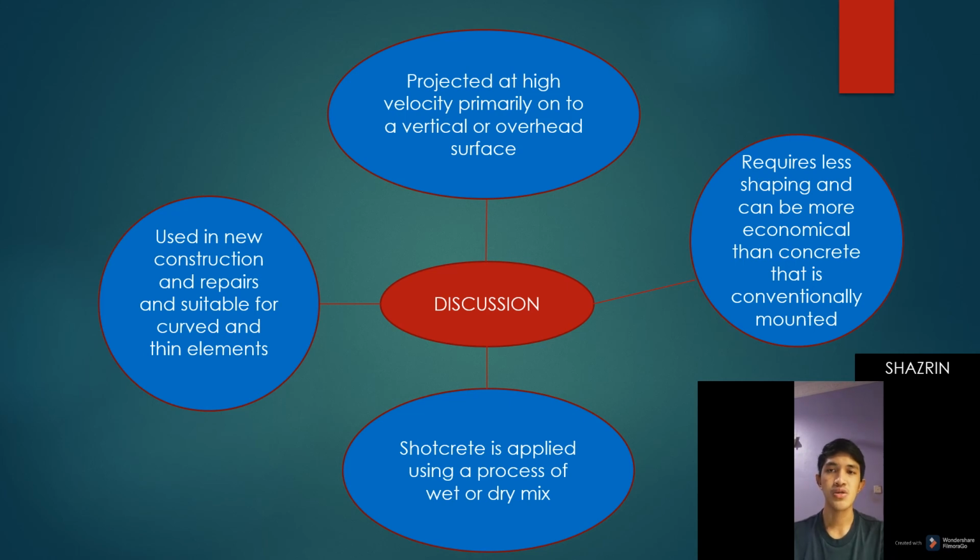Basically, shotcrete is used in new construction and repairs, and it's suitable for curved and thin elements. It is also applied over a system of reinforcement bars and steel mesh for structural application.